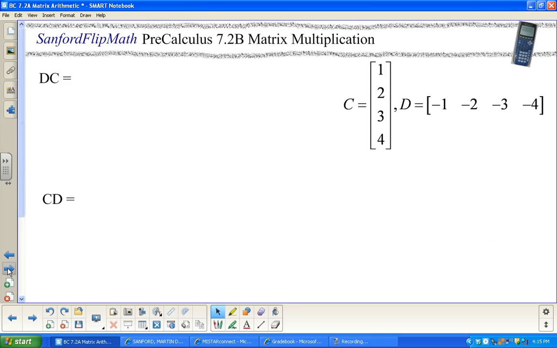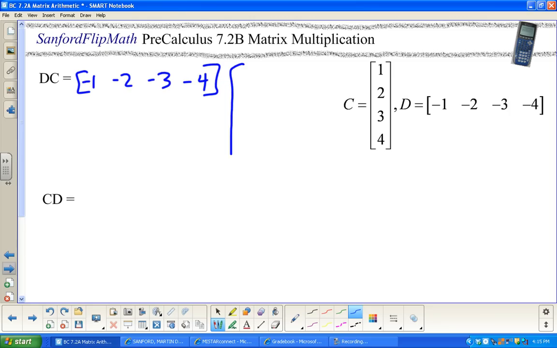All right, let's do a little bit more. And so we're going to do D times C. Now again, D times C, this is written in the wrong order, so I'm going to rewrite this. Times C. So I have a row matrix times a column matrix. Okay, and just for the record, let's do our little dance with the dimensions here.